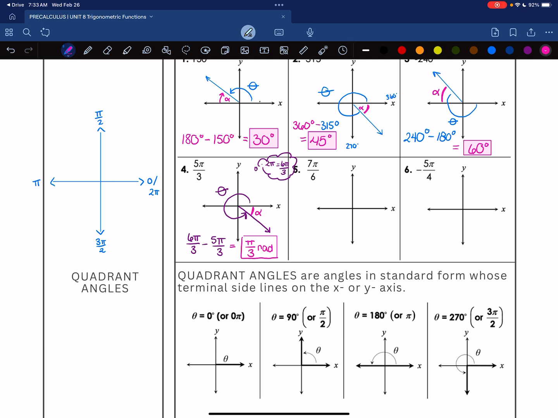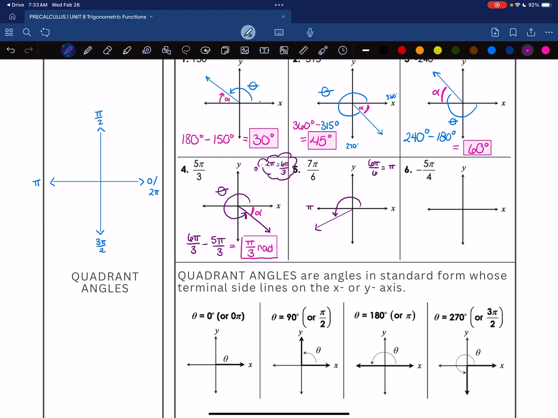Now let's look at 7 pi over 6. Okay, so this is going to put us in this quadrant right here. The reason being is, if you think about this, 6 pi over 6 is the same thing as just pi. So what have we done here? We've gone 1 pi over 6 beyond our pi.